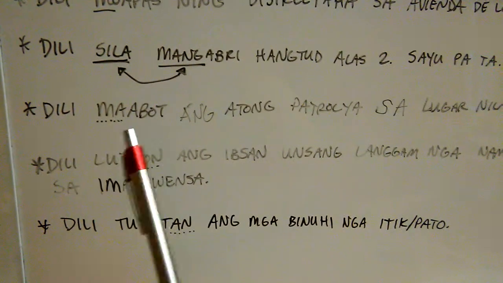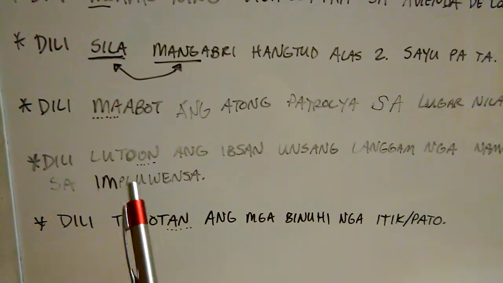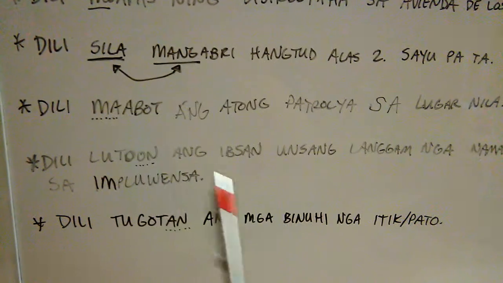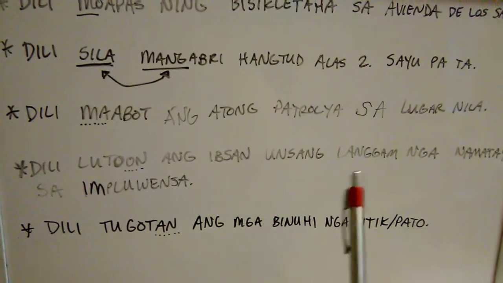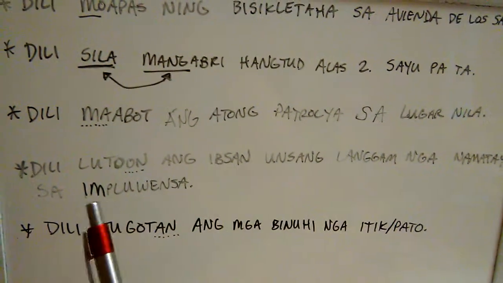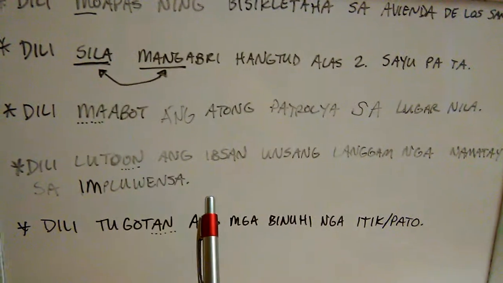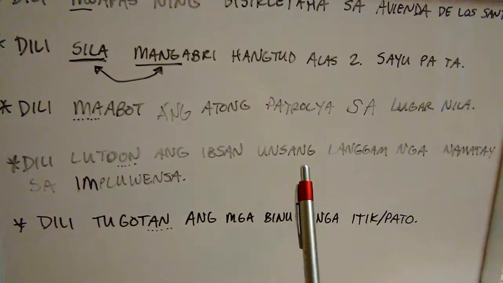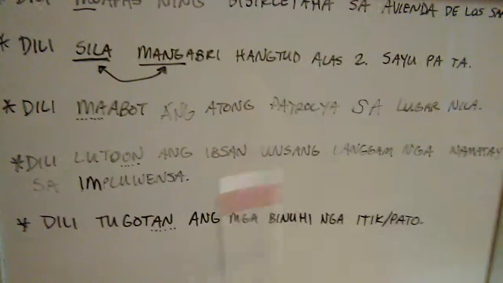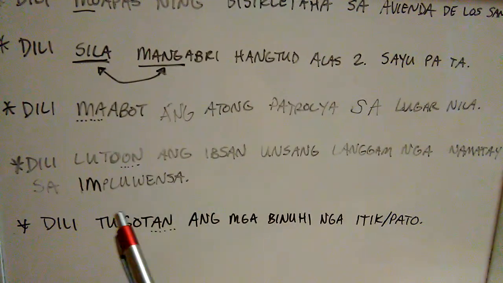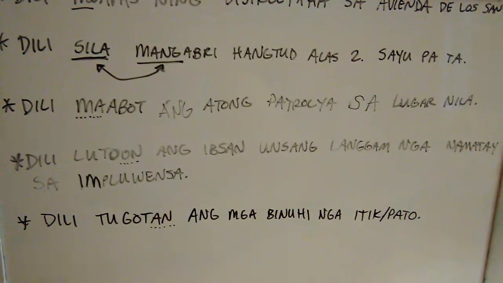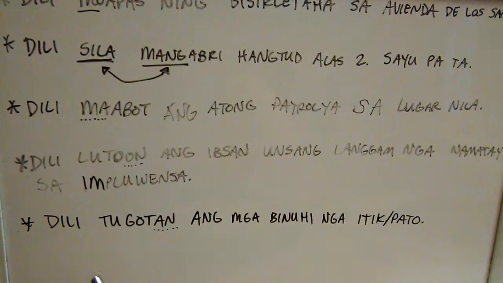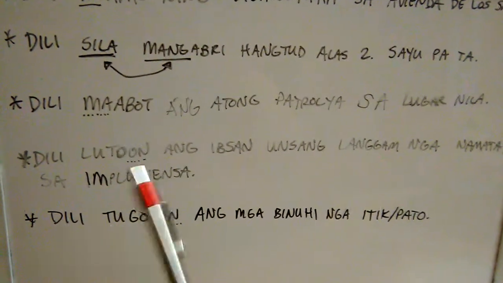Next one is similar to the object focus again, and it's perfectly fine. Dili lutuon ang ibsan unsang langgam nga namatay sa influenza, that died from the influenza, like the influenza virus or the disease influenza, the flu, right?